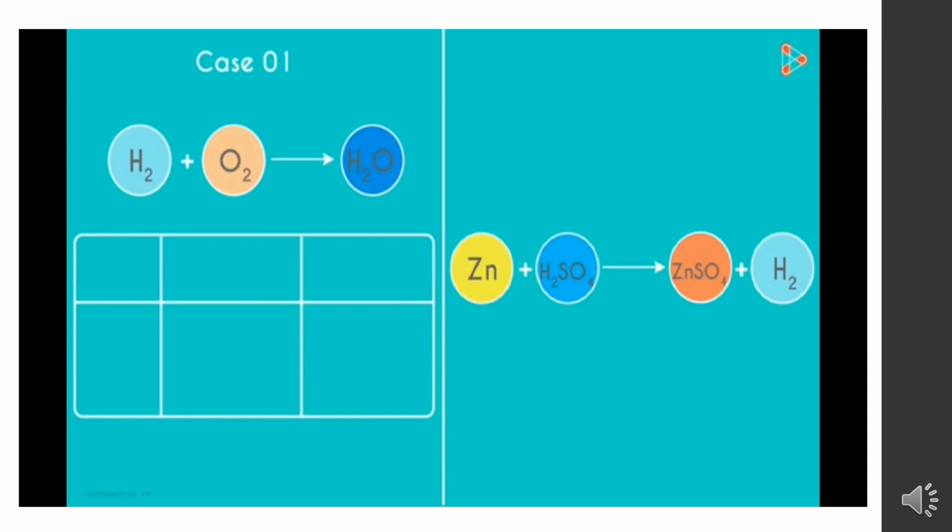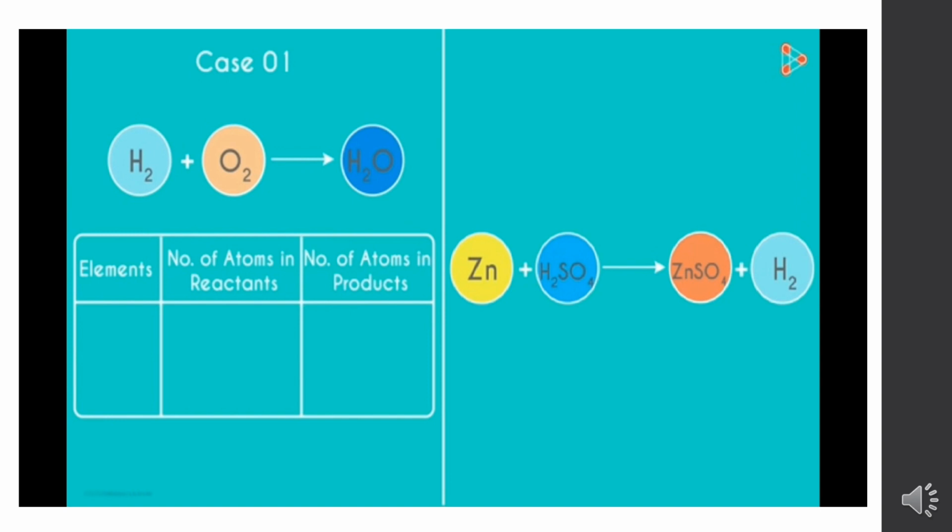This is the first equation. Now, the second equation, Zn plus H2SO4 gives rise to ZnSO4 plus H2. Zinc reacts with sulfuric acid, giving zinc sulfate and hydrogen.